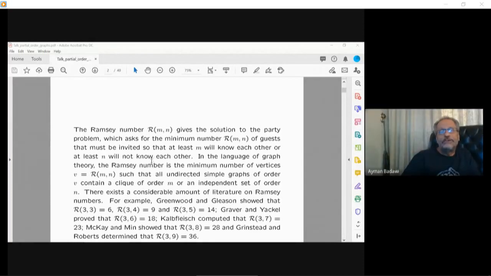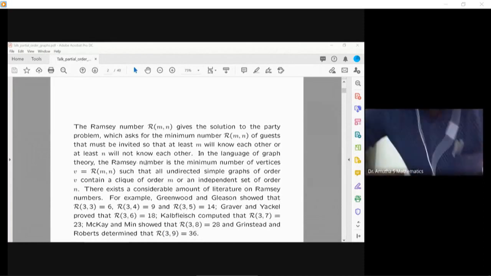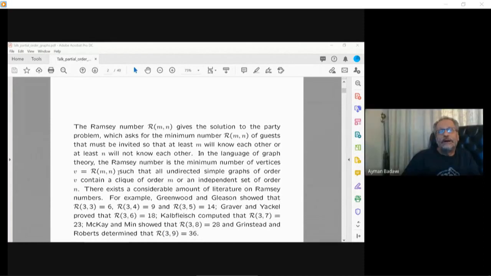Okay. So the Ramsey number, what does it mean? Let me get to it. What does it mean in the language of graph theory?